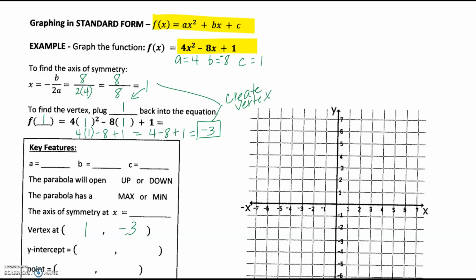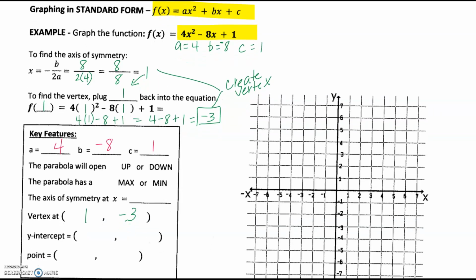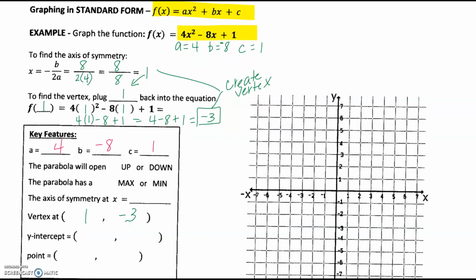Okay? Let's fill a little bit more into this box. We already know a, b, and c. We had 4, negative 8, and 1. We know the parabola will open up or down by looking at the value of a. A is a positive 4. Since it's positive, it opens up.